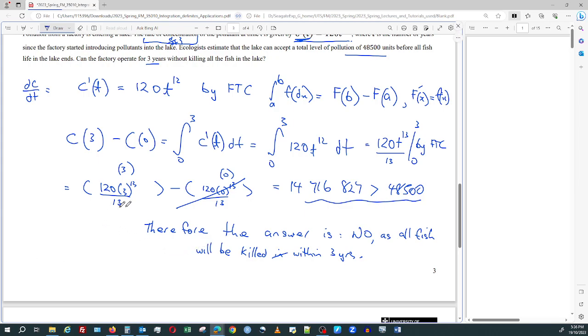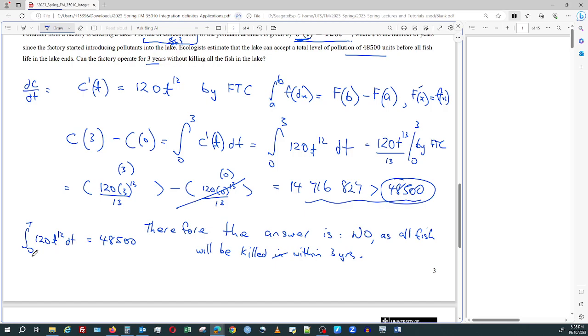So we would assign the integral this value and solve for t. So if we integrated from 0 to t for 120 t to the 12 dt, and we assign that to 48.5, we should be able to solve this integral for t.